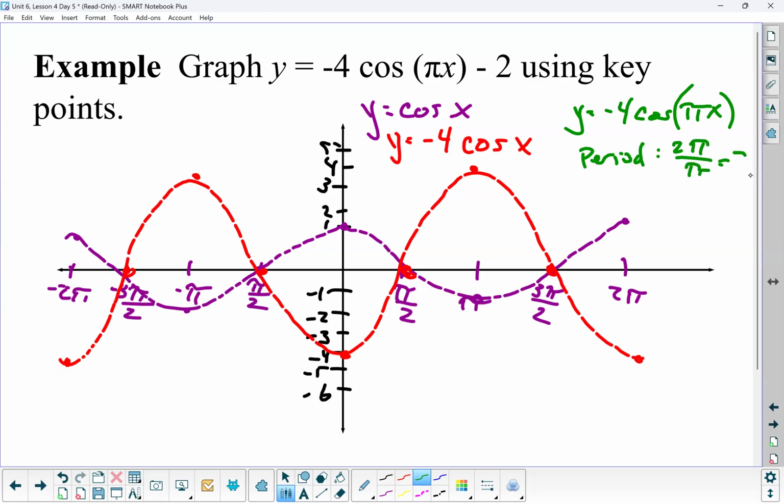And so my period is just going to be 2. So pi over 2 is about 1.5. Pi is about 3.14. So somewhere in between those two would be the value for 2. And somewhere over here would be the value for 1. And obviously, in between would be 1.5. It's actually almost where pi over 2 is.